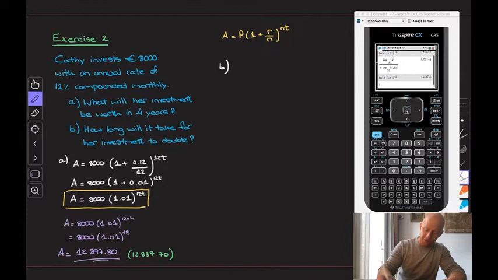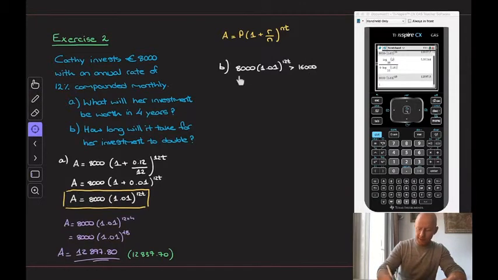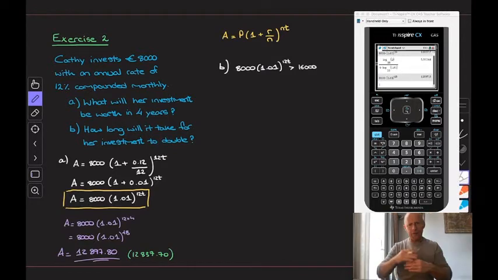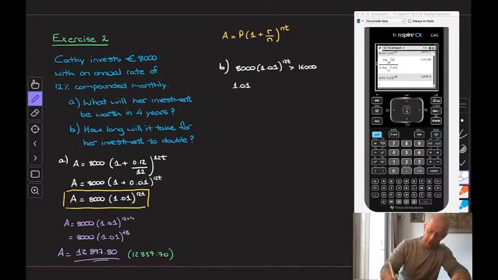So what we're trying to figure out here is when will 8,000 times 1.01 raised to the power of 12t be greater than 16,000, right? Just as I did in the previous exercise, I can go ahead and divide both sides by 8,000, and it's just going to scale things down rather massively. So that turns into 1.01 raised to the power of 12t, and that's got to be greater than 2. Okay.